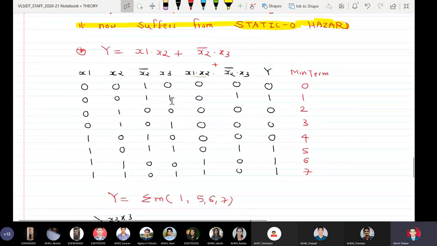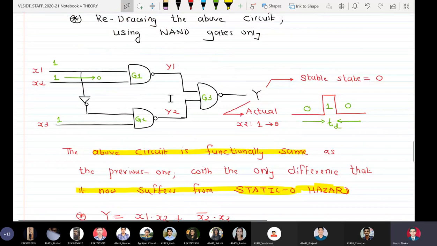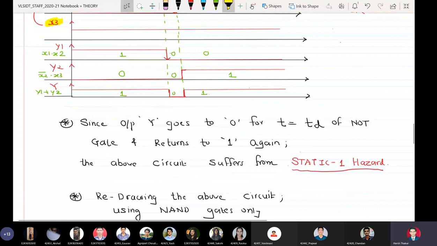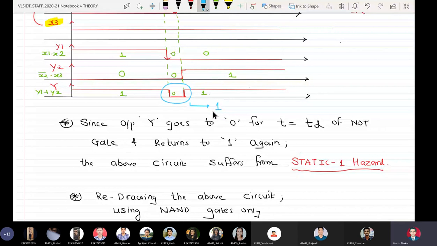So now what do we do? If we see carefully here in the waveform, if I can convert this 0 into 1, then my static 1 problem will be solved. I repeat, if during this duration I can convert the 0 to 1, then the problem will be solved.